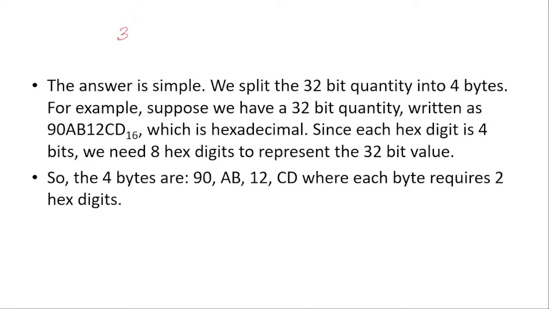For example, if 32 bit single precision data is there, how can we store it in memory? It is by using the big endian and little endian format. So here we split the 32 bit data into 4 bytes.